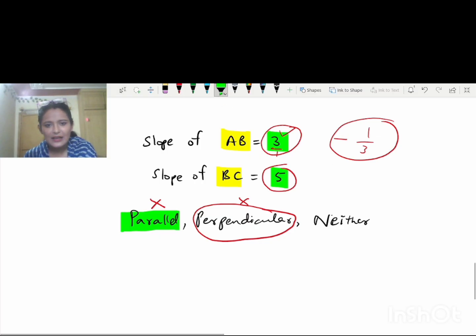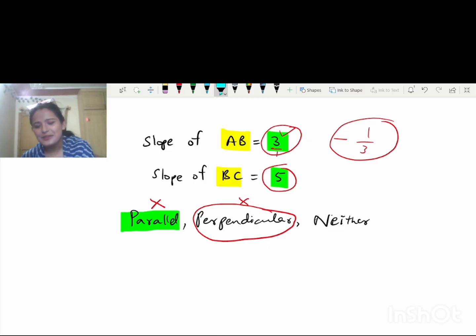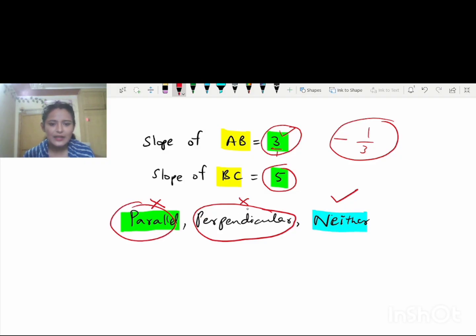These lines are not perpendicular because their slopes are not negative inverses of each other, and they are not parallel because their slopes are not the same, so they are neither. I hope you got it. So this is how, by seeing the slopes, you can tell if your lines are parallel, perpendicular, or neither.